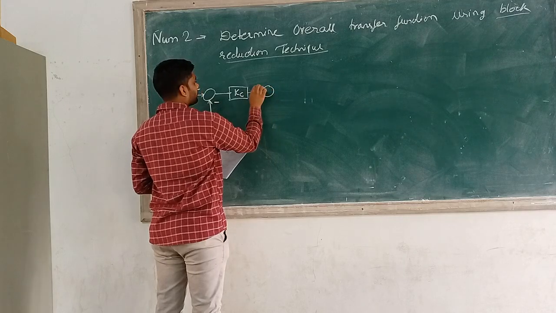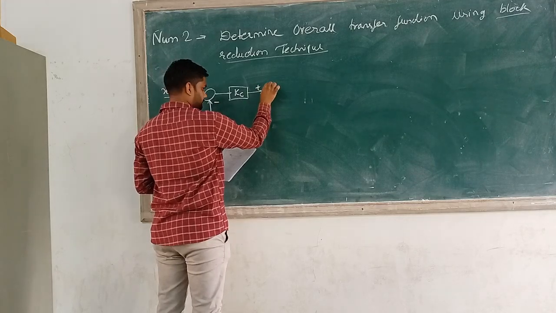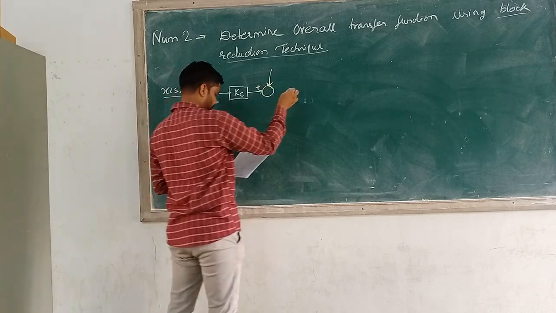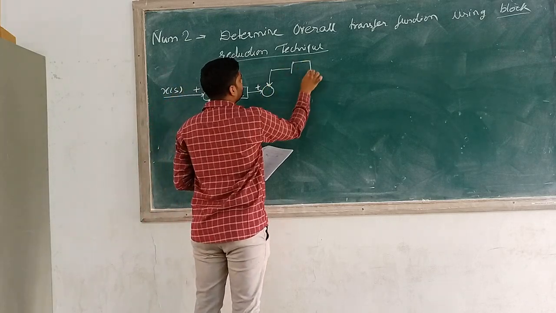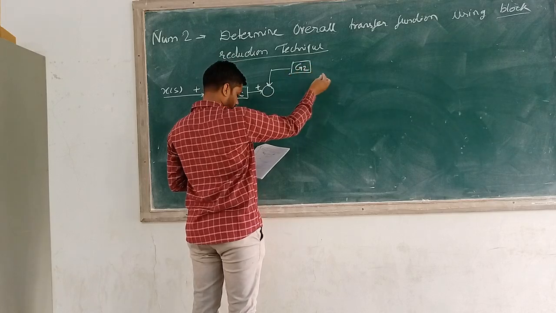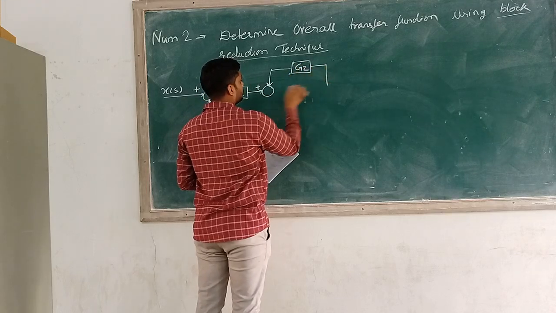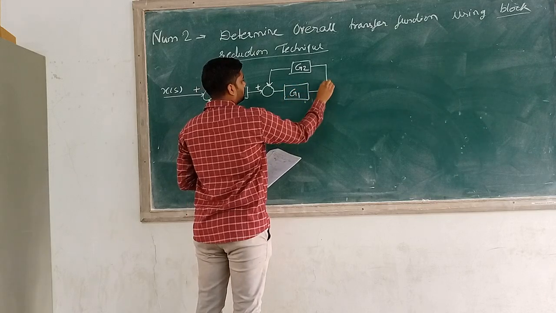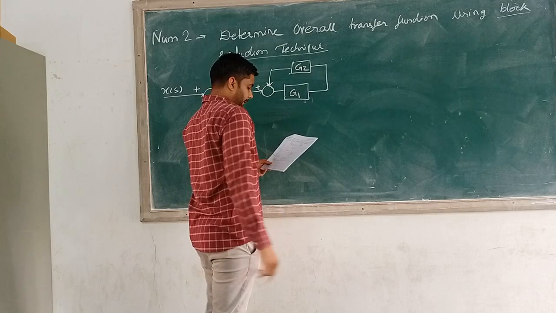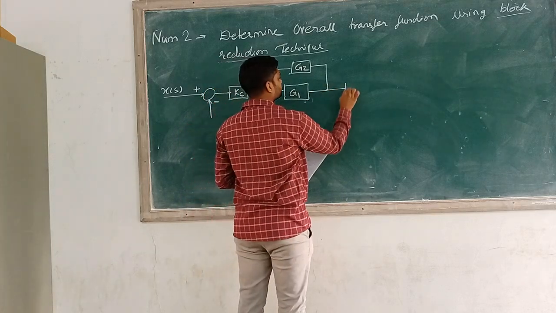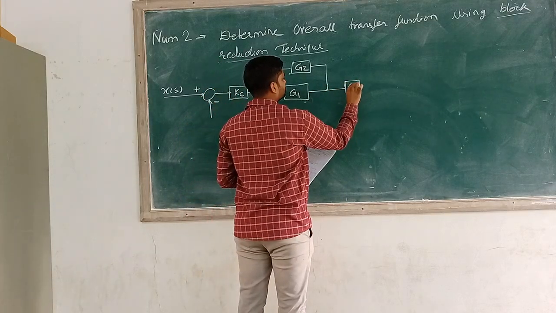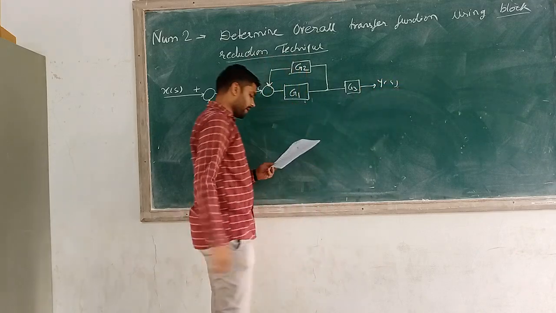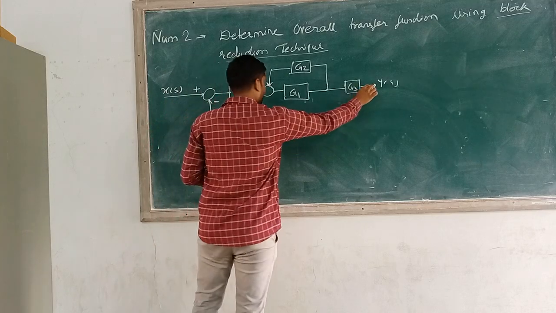Summing point input plus. This is output Y of s. Okay, we are adding output back to the input.